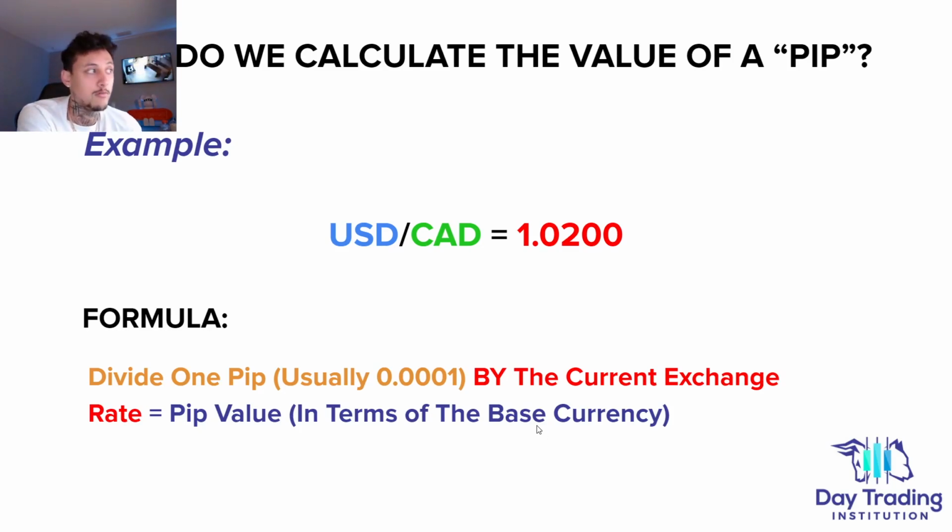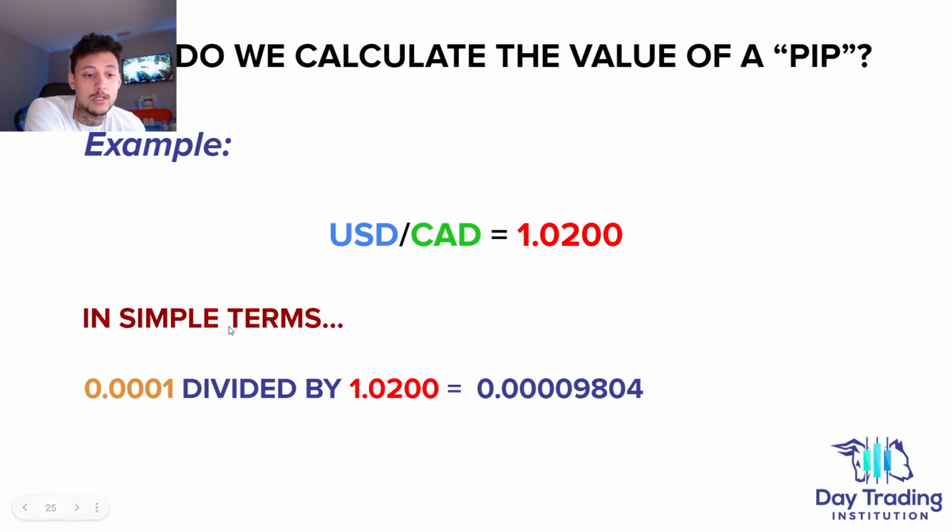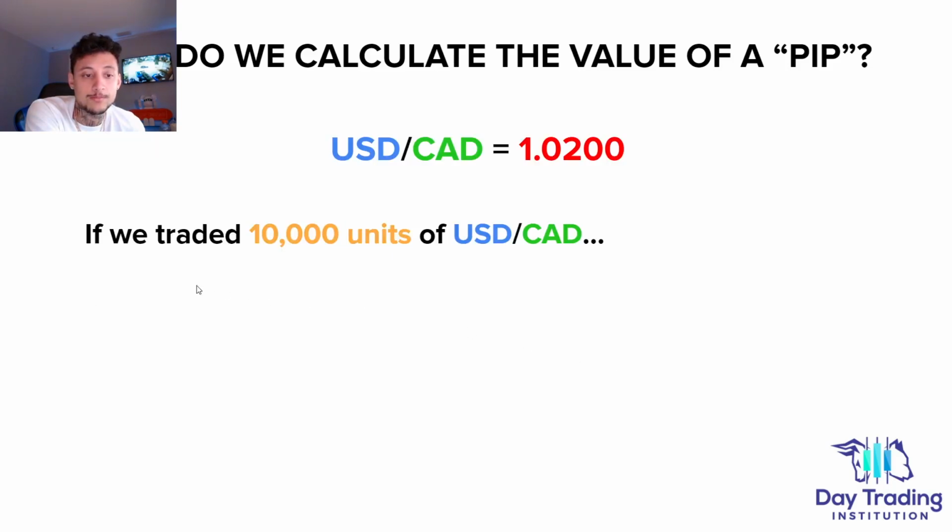I don't want you guys to overcomplicate this. I want to break this down so you will always have the formula, and you can always go back, reread the slides, rewatch the videos. In simple terms, if we divide 1 pip by the current exchange rate, it'll give us 0.00009804.